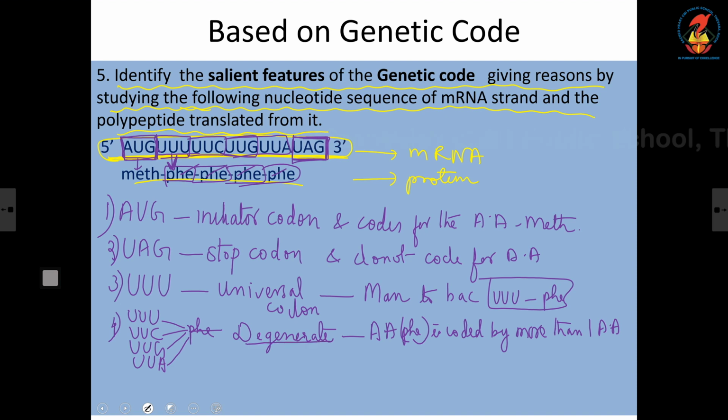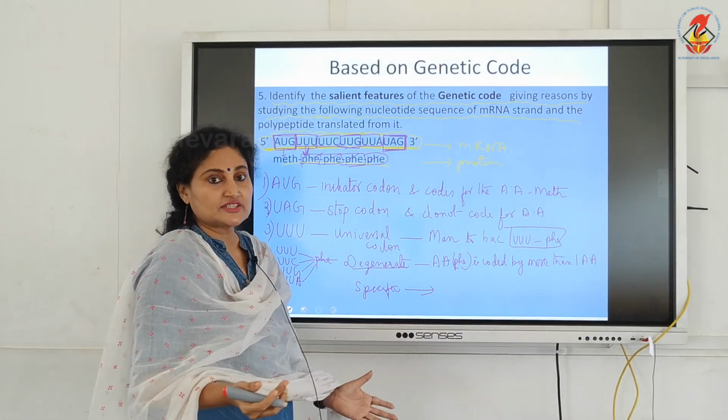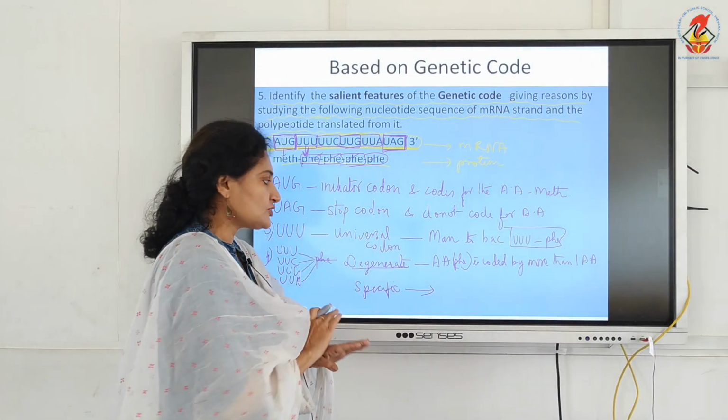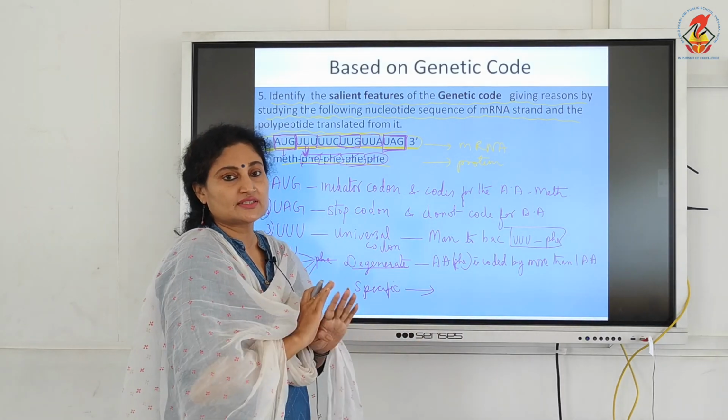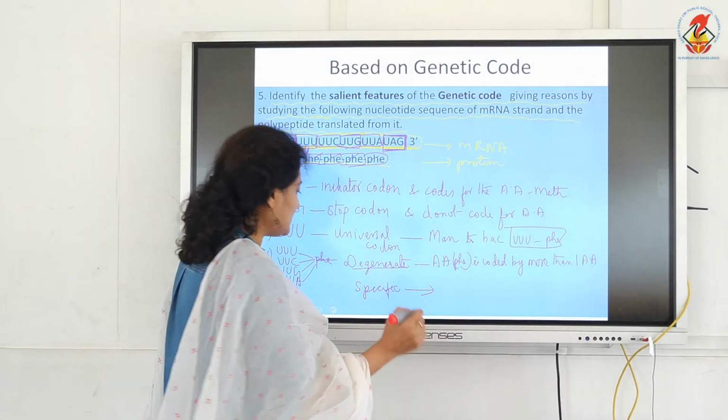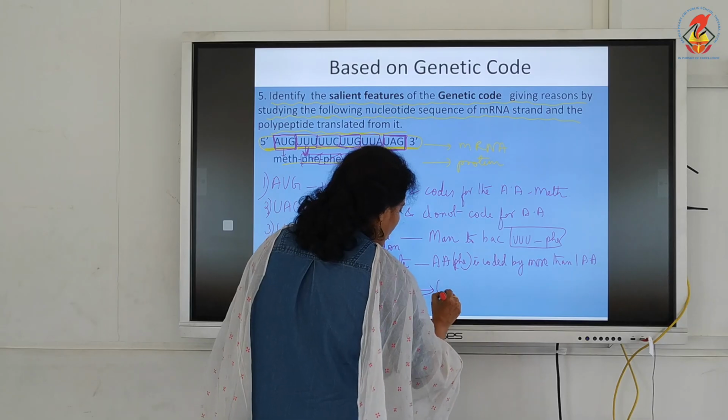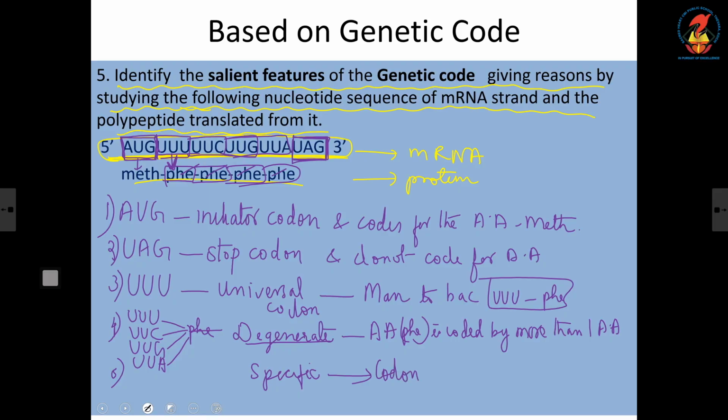Once degenerate is there, automatically you can blindly go for specific. You need not refer to the genetic code to make it specific. To understand whether it's specific, you have to make a reference to our genetic code, which is on page 112, but we already know that our genetic code is specific. The meaning of specific is a codon strictly codes for one amino acid.